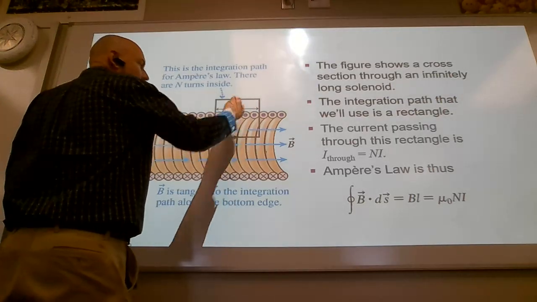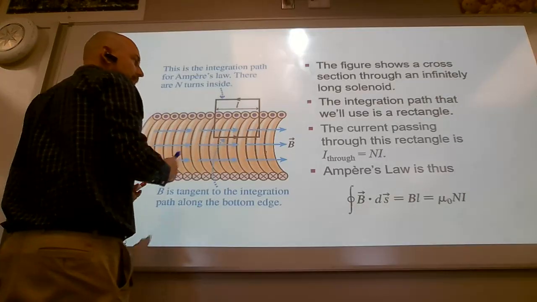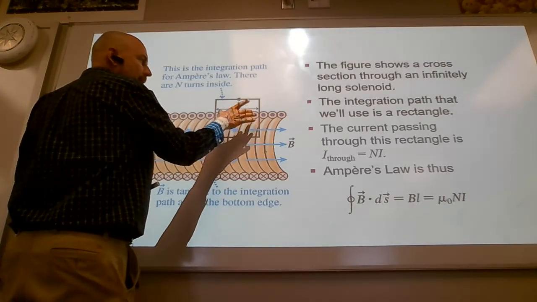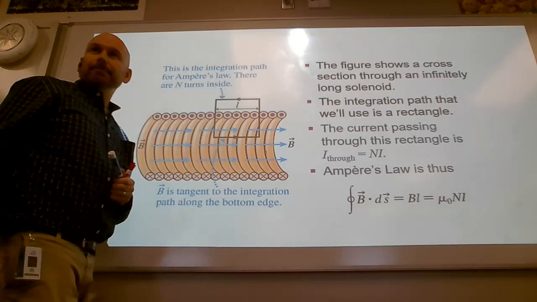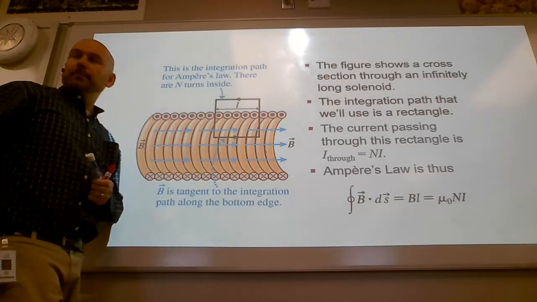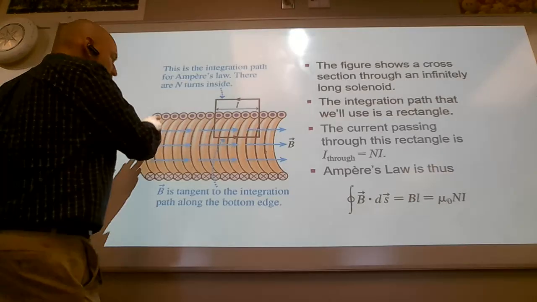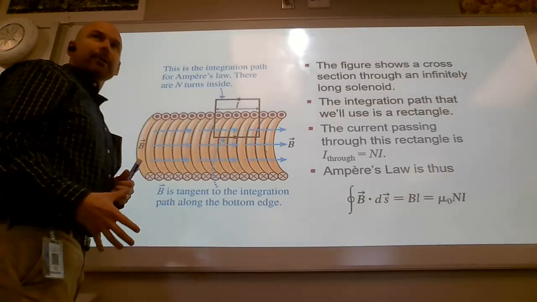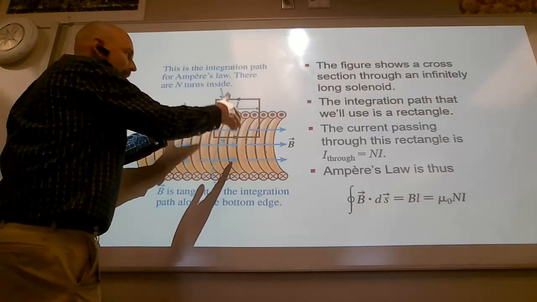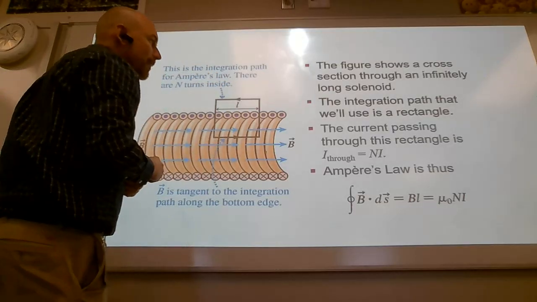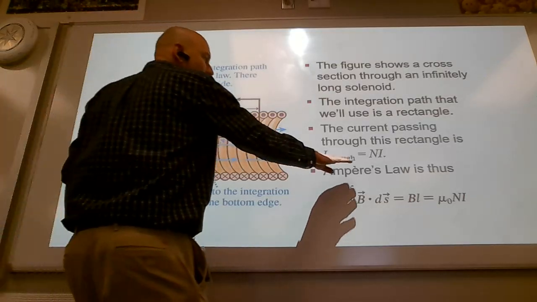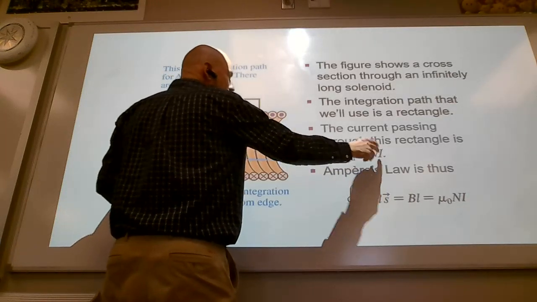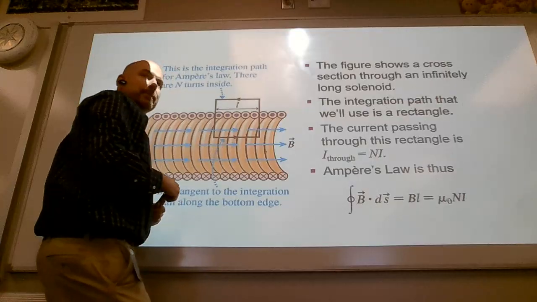The enclosed current is however many wires you capture in this square, so the current through it is just n times that current.